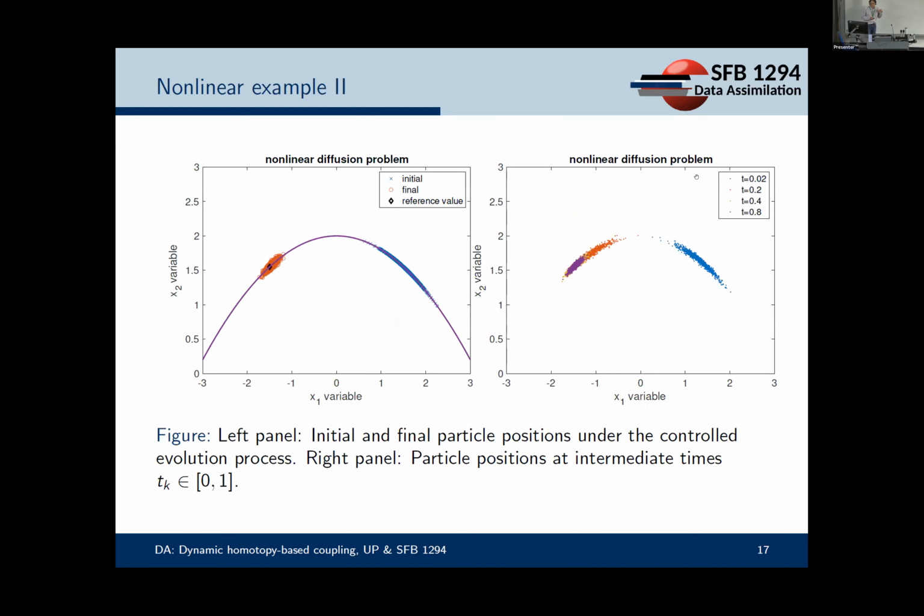And now here is what this nudging stuff does. Or homotopy. So here's your initial distribution, and here's the final point cloud with this homotopy. And actually, you see a lot of work is done very early on.